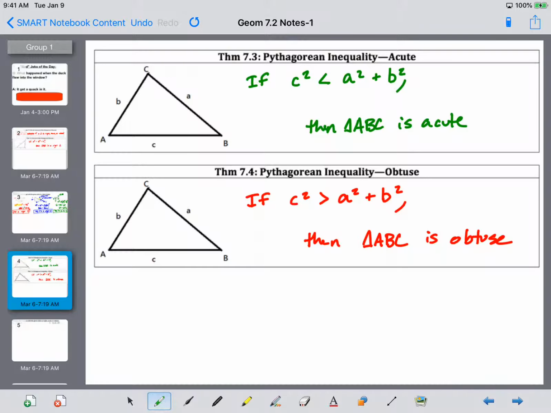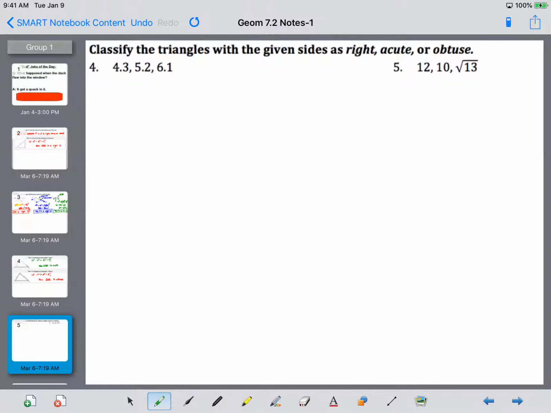All right, now let's put that into practice here. We've got two examples down below, and it says to classify the triangles with the given sides as right, acute, or obtuse. Okay, well, if we look at number 4, notice 4.3 and 5.2 are the smaller sides, so we have to plug in the longest side, 6.1, for C. I always put C squared when I do these type of problems.